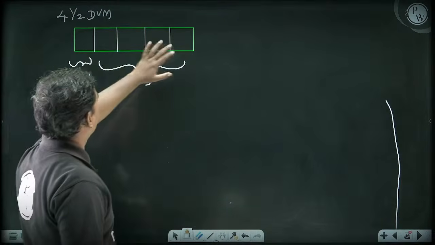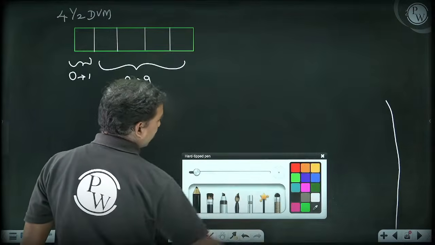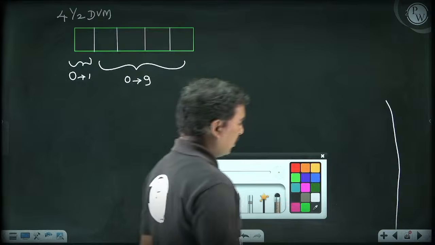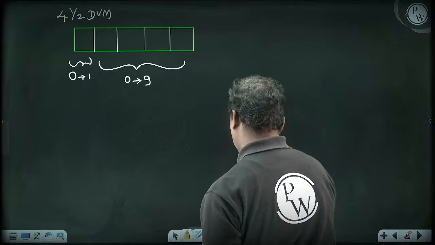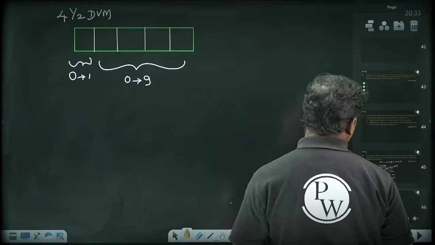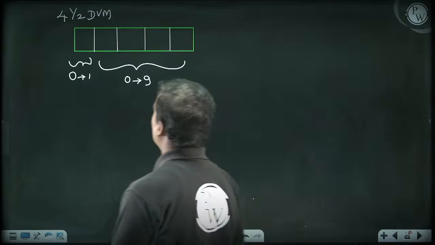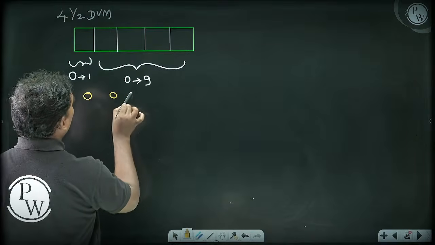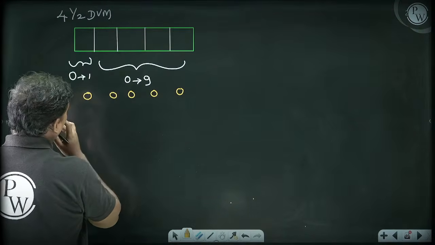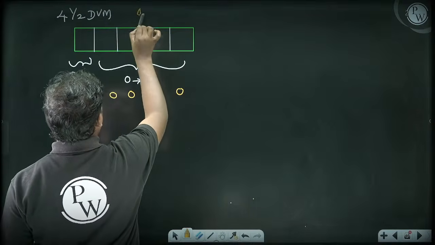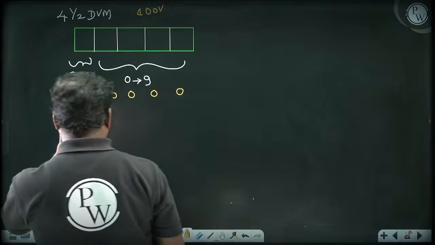Full digits, half digit. So the range starts from 0, 0, 0, 0, 0 and goes up to, how much is the range? 100 volts. 100 volts means it should be 199.9.